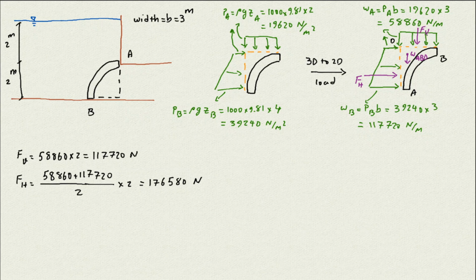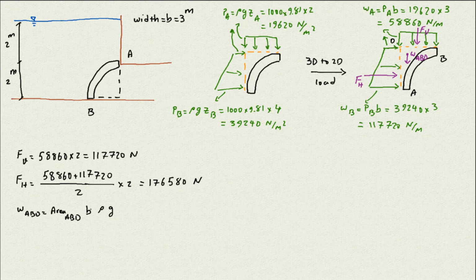So this is just the area of the rectangle and the area of the trapezoid, and then we want the weight of that ABD. We know that the weight of the ABD is the area of the ABD times width times rho times g.